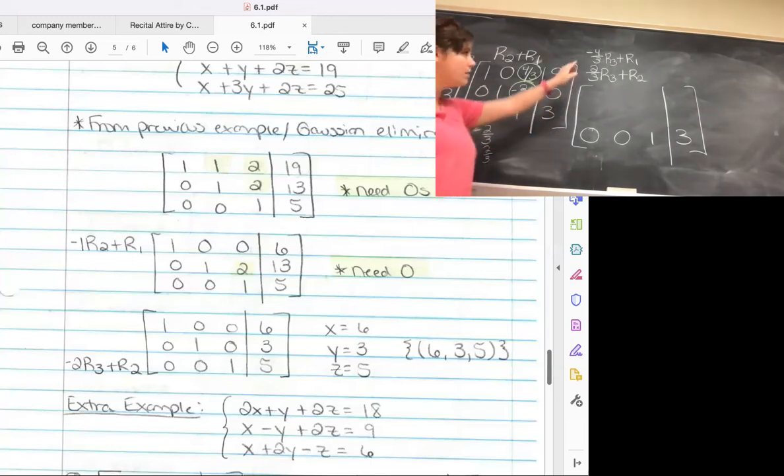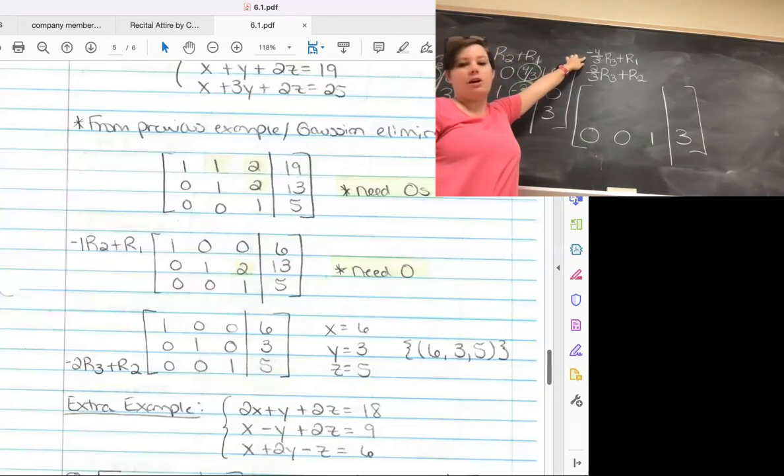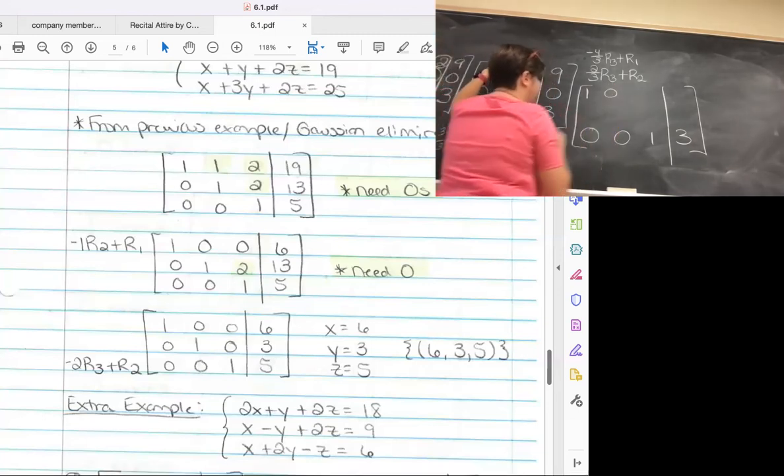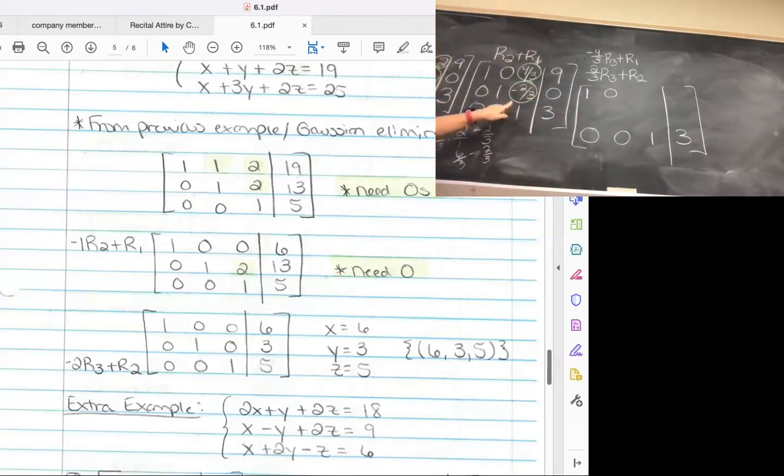Okay, so we're going to start with this -4/3 times row 3 and adding that to row 1. Here's the nice thing. -4/3 times 0 is 0. We add that to row 1, it stays the same. -4/3 times 0 is 0. We add that to row 1, it stays 0. -4/3 times 1 will give me a -4/3.